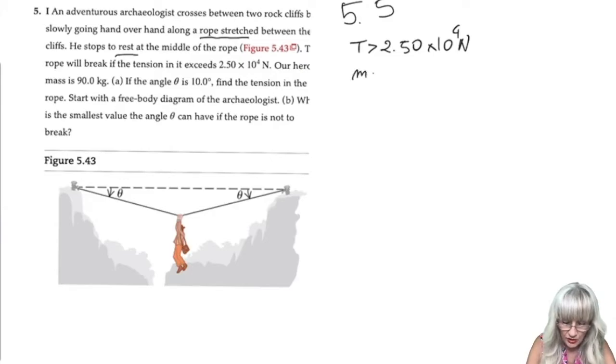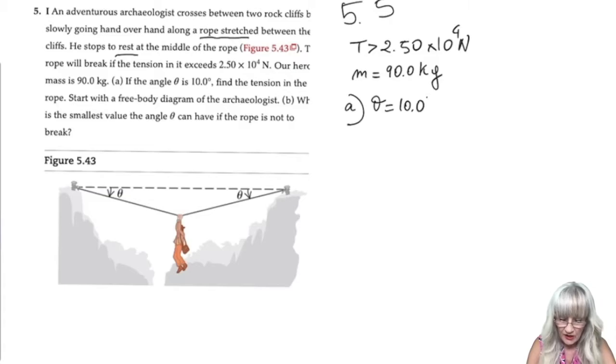The archaeologist's mass is 90 kilo. In part A, if the angle theta is 10 degrees, find the tension in the rope. And let's do a free body diagram.